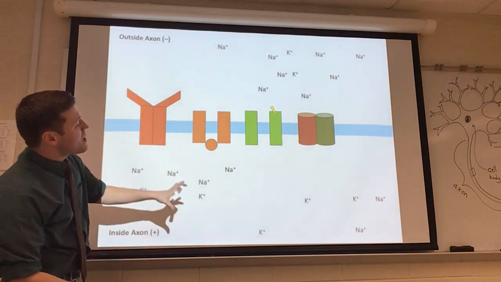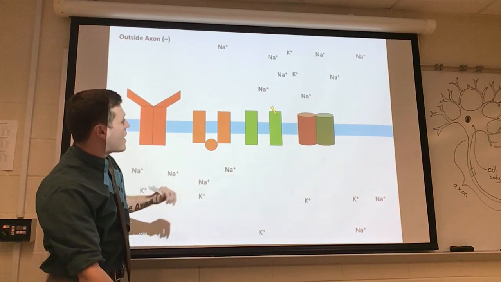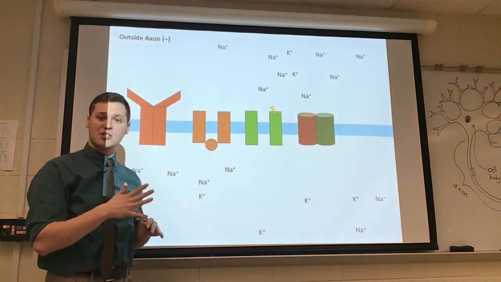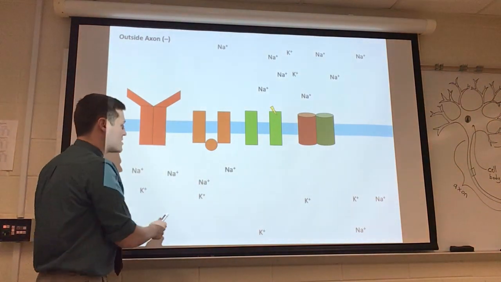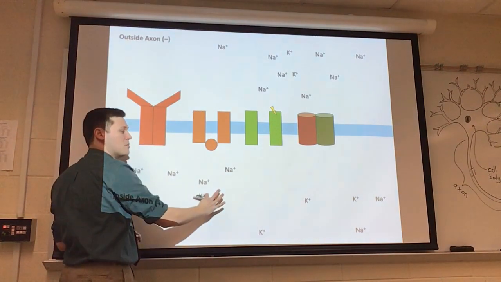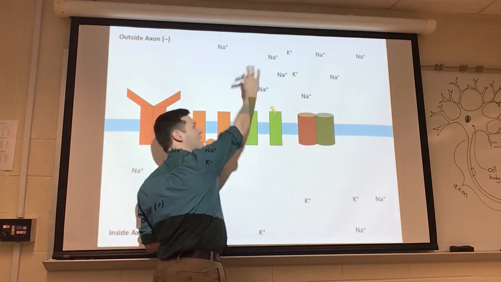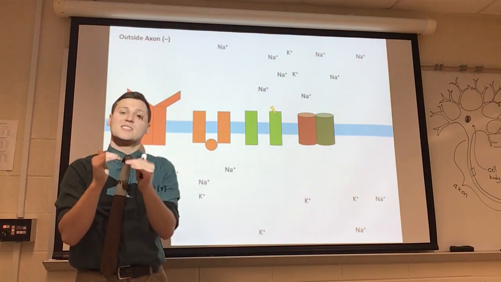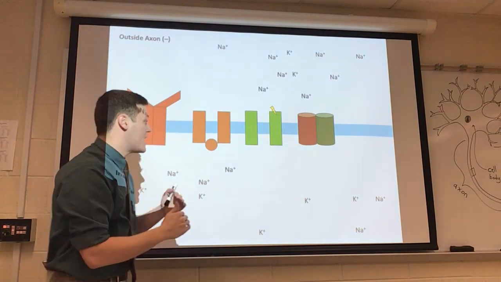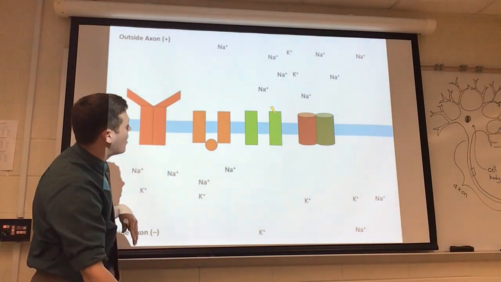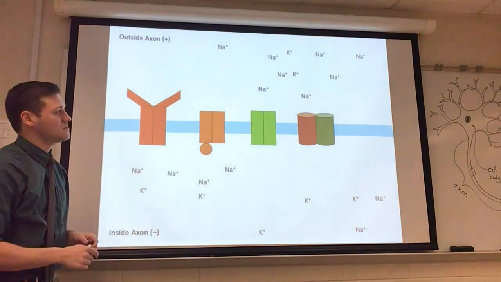And once that moves out, that will restabilize the charges across the membrane. So yes, we had some positive sodium move in, but then we had some positive potassium move out, so now we're restabilized in terms of charge. And once we've reached that charge, all channels will close.